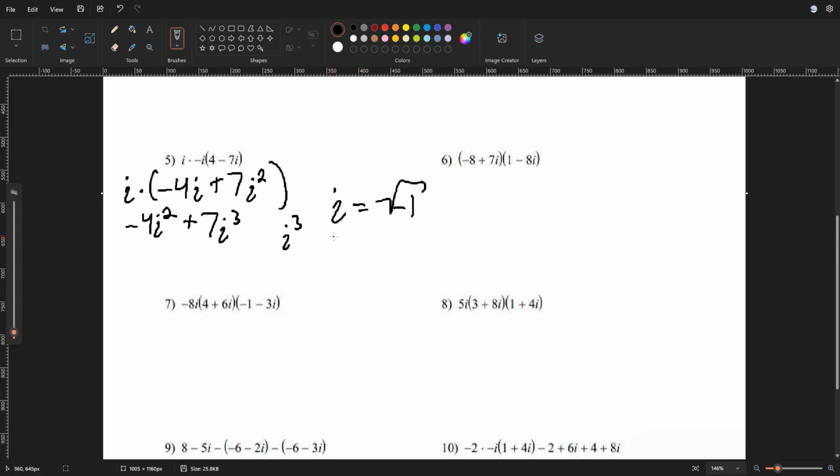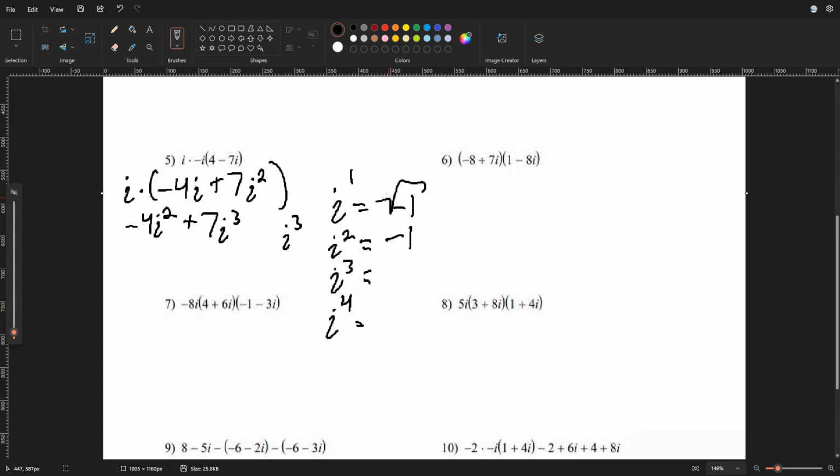So basically what happens is you have this kind of pattern that repeats itself, where it's never going to escape this kind of loop, where we have i to the 1 being i, and we know i squared is negative 1.